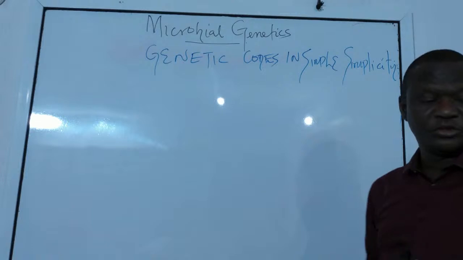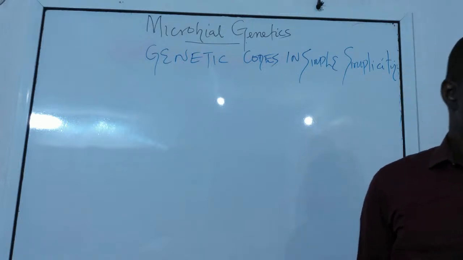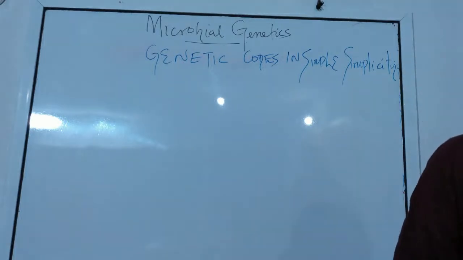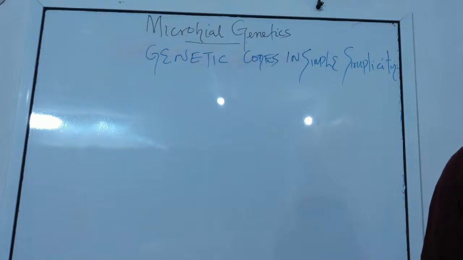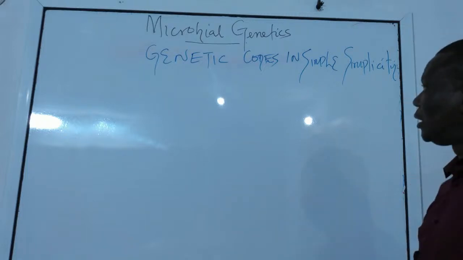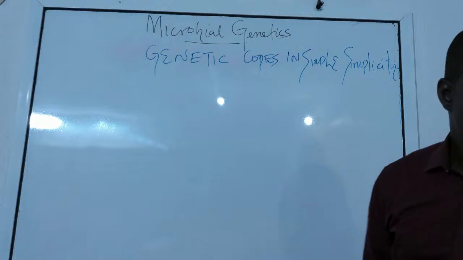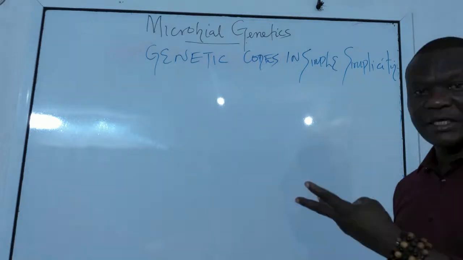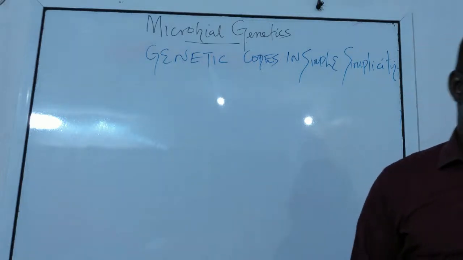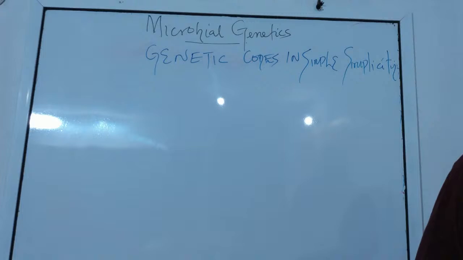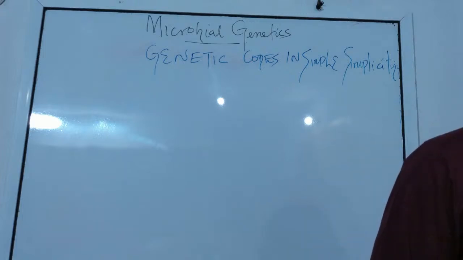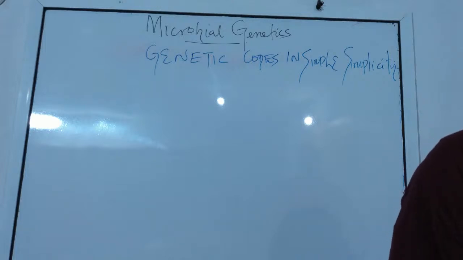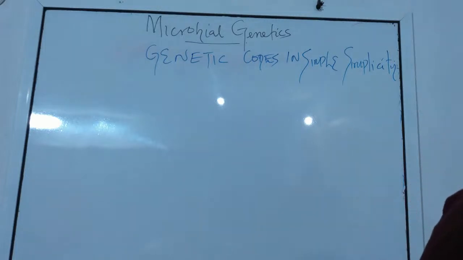What you need is just some simple language to remember how the genetic code is arranged, and that's why we are going to focus on the three-letter codes as well as the one-letter code to remember the genetic code and the amino acids they code for.